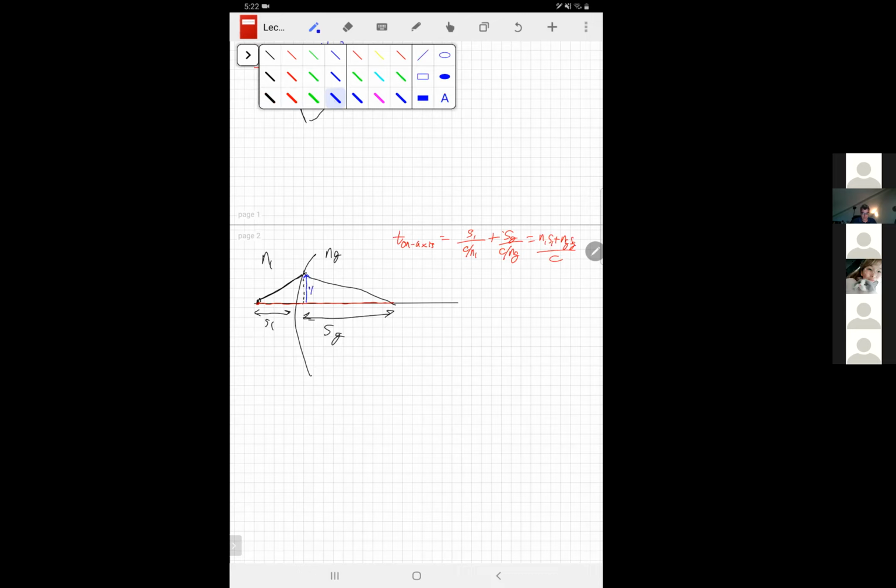Well, it hits a distance y off-axis, and this extra little distance on axis is x. So if I try to measure the length of this using the Pythagorean theorem, that's going to be the square root of y squared plus (S1 plus x) squared. And this is going to be the square root of y squared plus (SG minus x) squared.